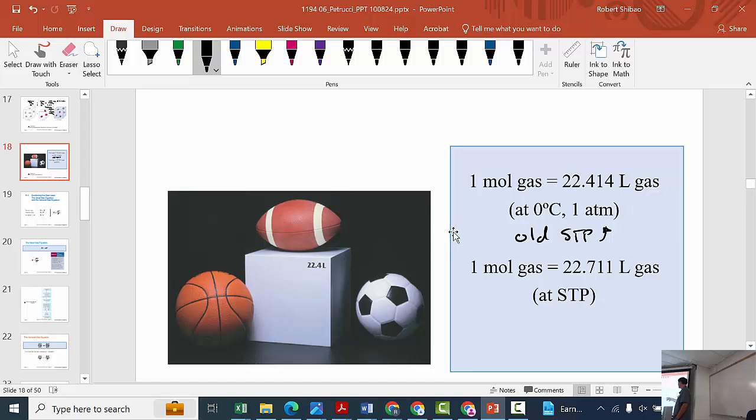It's still at standard temperature, which is 0 degrees C, but standard pressure now is 1 bar. And so I'm sure students are memorizing it as 22.7 liters per mole.